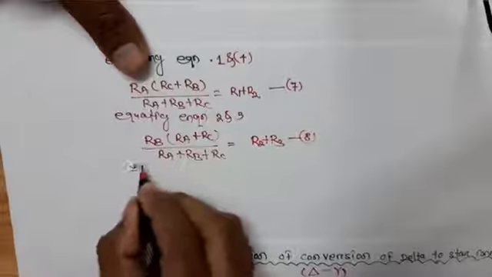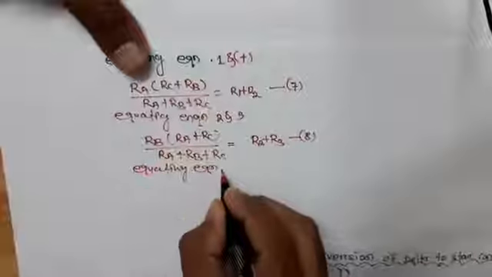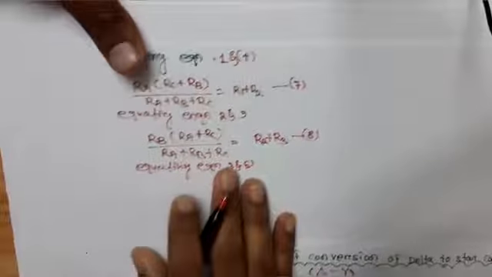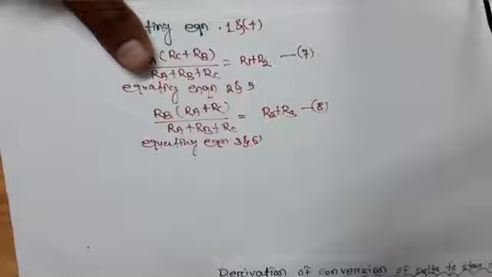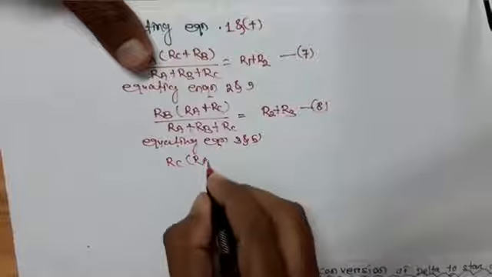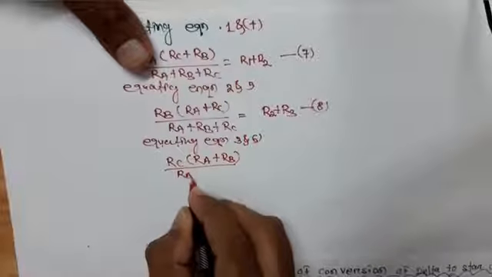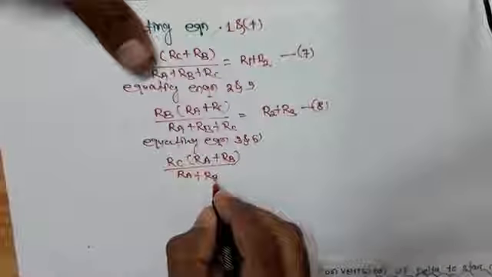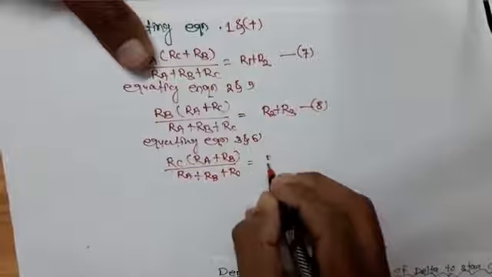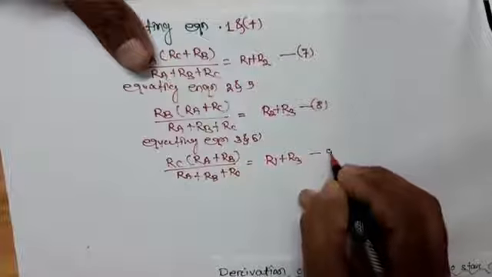Likewise, equating equation number 3 and 6: RC into RA plus RB, divided by RA plus RB plus RC, is equal to R1 plus R3. This is our equation number 9.